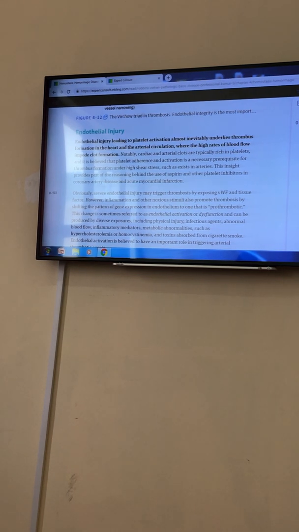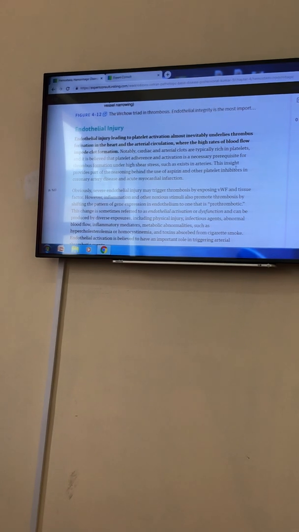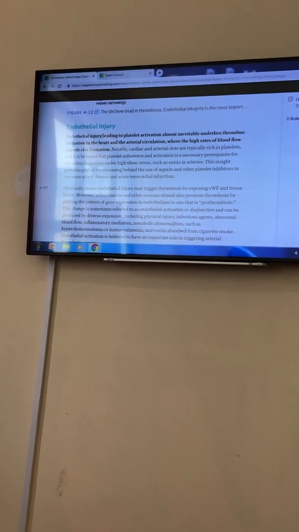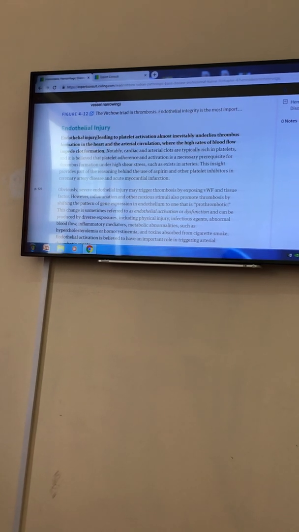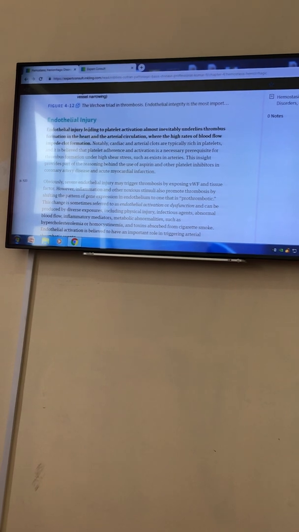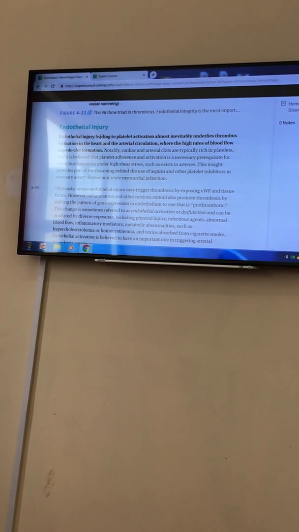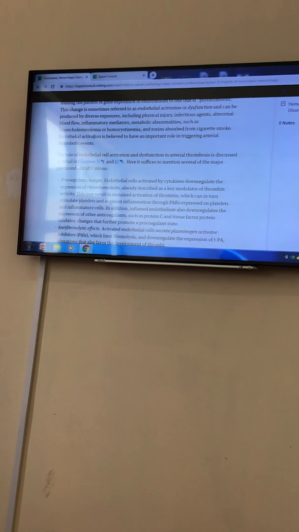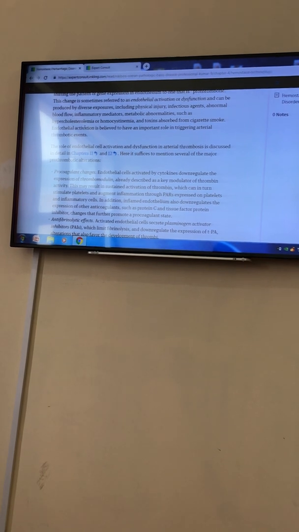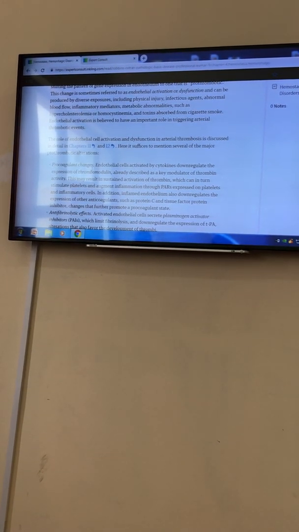So endothelial injury is important because it can be thrombogenic, and when there is endothelial injury, there is the risk of atherosclerosis formation, where cholesterol is one of the most important parts that make atherosclerotic plaque. So instead of having anticoagulant effects, an injured endothelial cell has procoagulant effects.